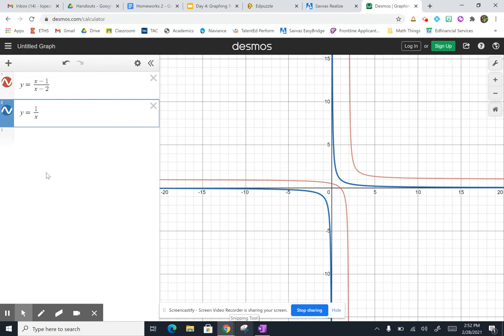The blue function is our original reciprocal function. The blue function and the red function look very different, and they're on different parts of the coordinate grid. Here is the original blue one, the parent function, and here is the red one. Comparing these two, it looks like the red function was translated to the left and also translated up.